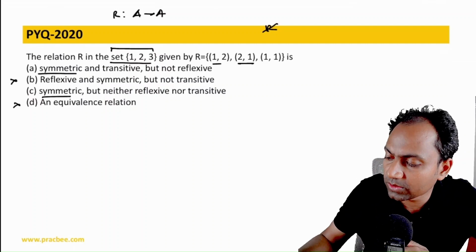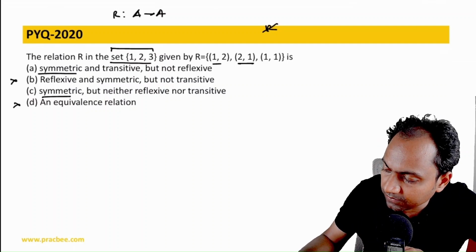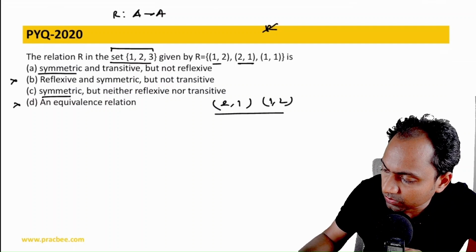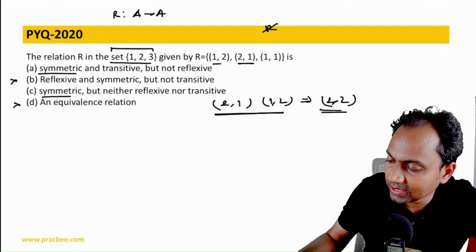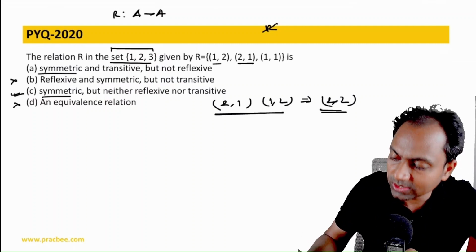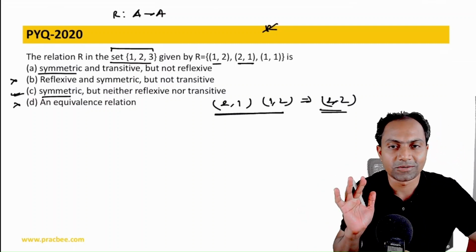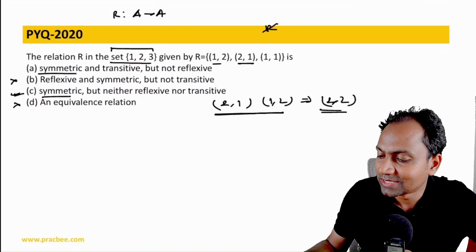But if I talk about transitive, if we have (2, 1) and (1, 2), then corresponding to that (2, 2) should also be present, and this is absent. Hence it is not transitive. If it is not transitive, option C becomes true: it is symmetric but neither reflexive nor transitive. So this is a very short question asked in 2020 in the CBSE exam.